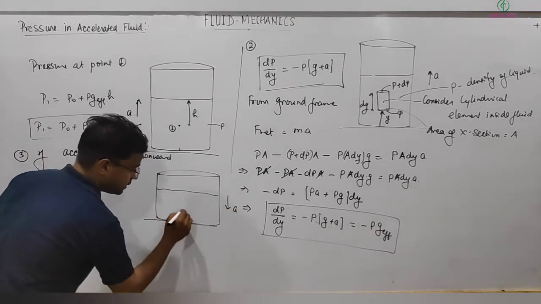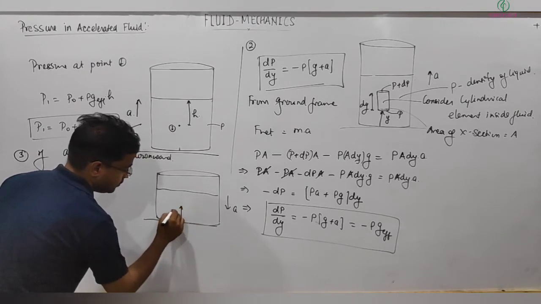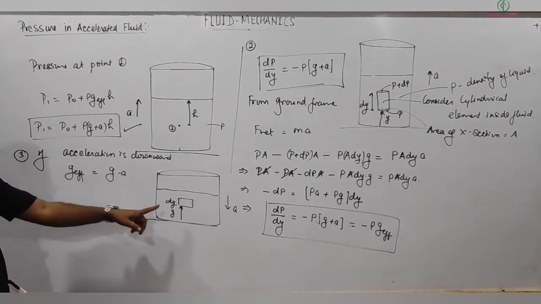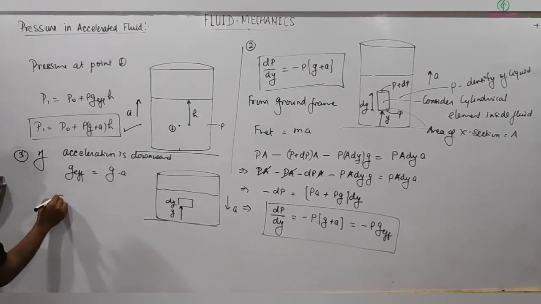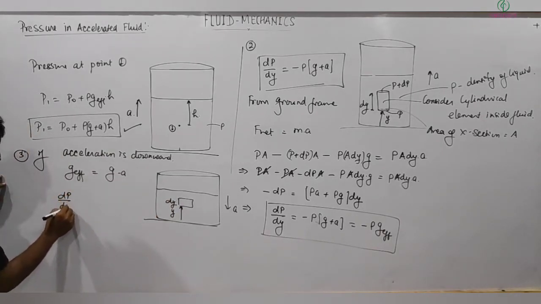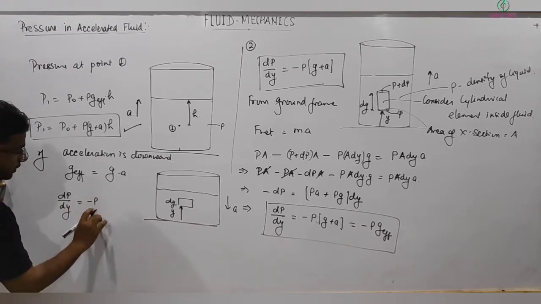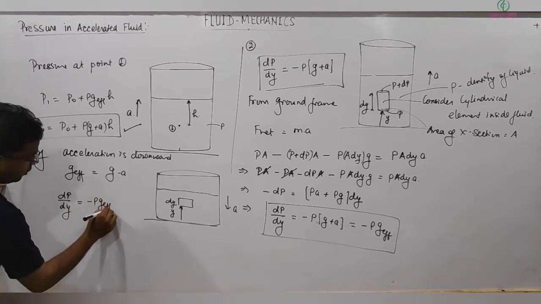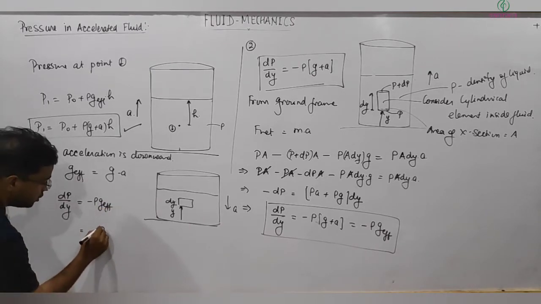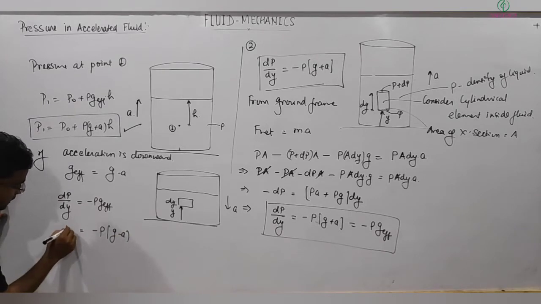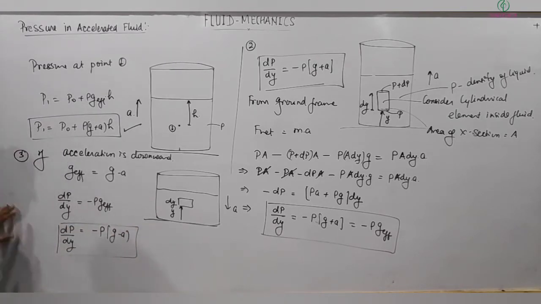In that situation, this is y, dy. Your dp by dy will be minus rho into g effective, or you can write this as minus rho into g minus a, because acceleration is downward, so g effective becomes g minus a.